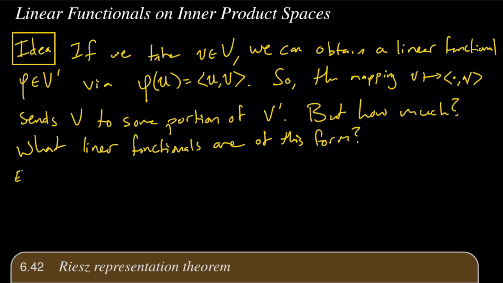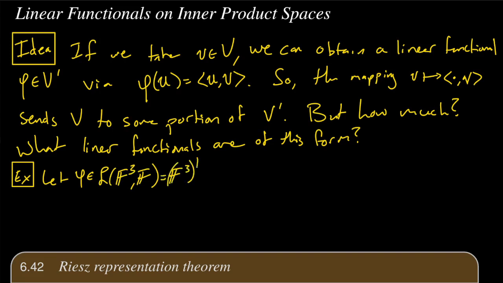Let's do a quick example really fast. And notice that linear functionals that might not initially be written in this form sometimes are of this form. Here's one. Let phi be a linear map from F3 to F, which is just, to be clear, F3's dual space, though that looks kind of weird to write.